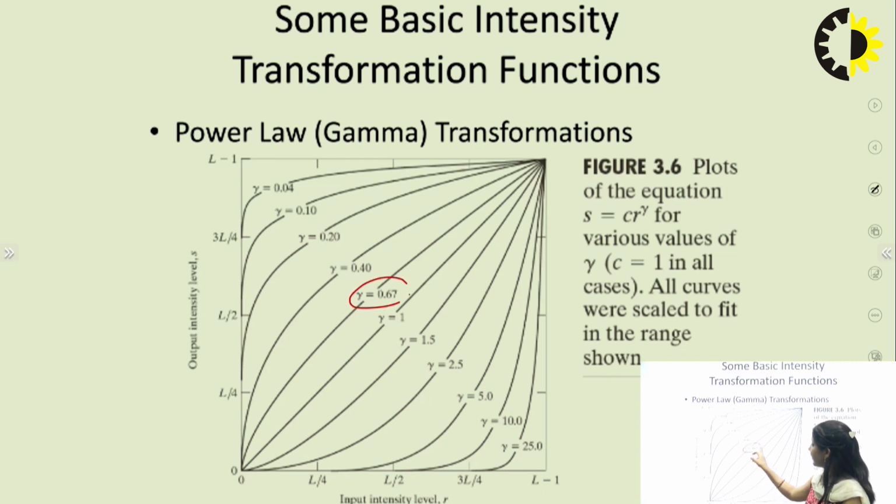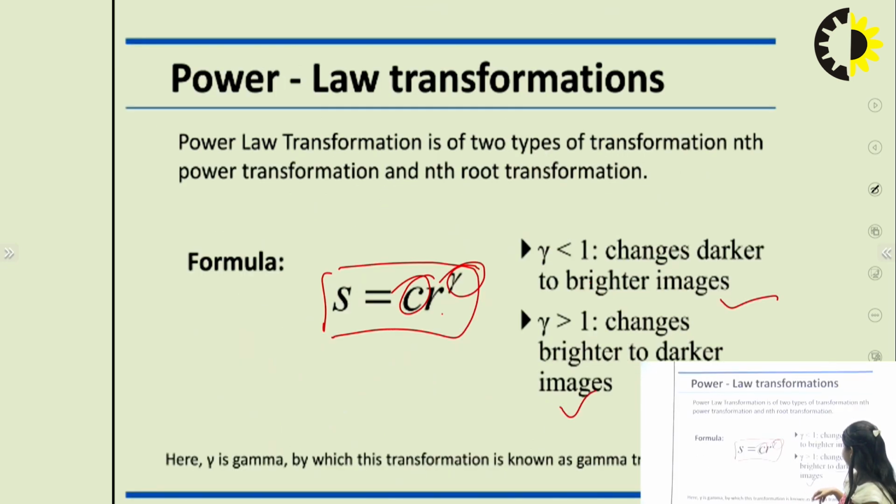Gamma 0.67 here, and if gamma equals 1, it becomes the identity, and gamma 1.5 means we are reaching the highest value, which means we get a high contrast image. If gamma is greater than 1, we get a darker image.